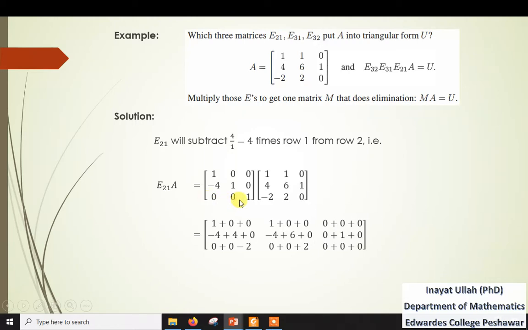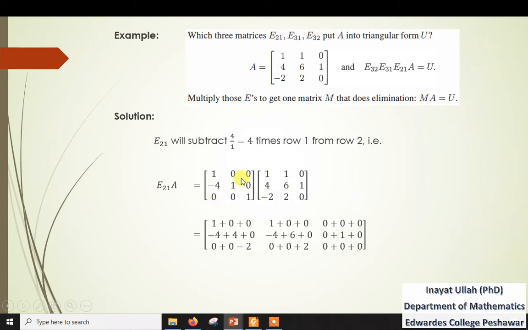And now third row first column: 0 into 1 is 0, plus 0 into 4 is 0, plus 1 into minus 2 is minus 2. Now the third row and second column is written here, and the multiplication of the third row with the third column is written here. So that is the effect of E21 by A.